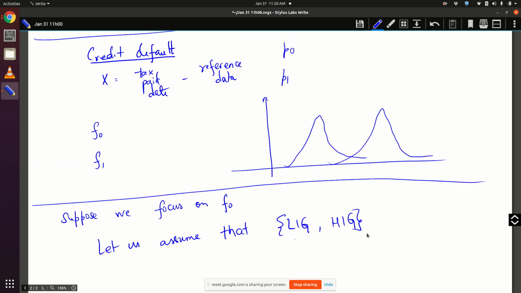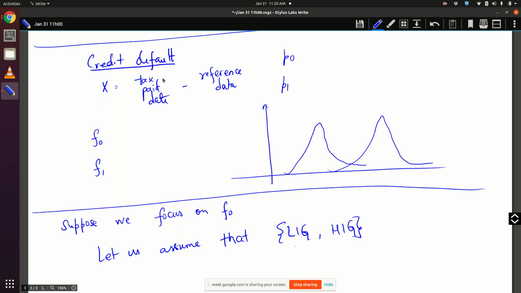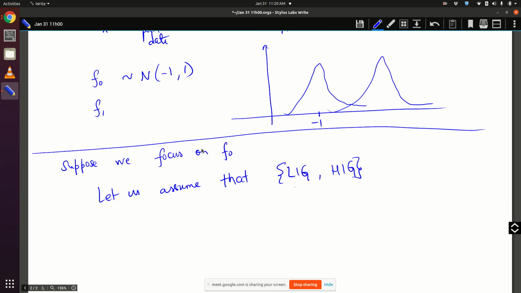So if you look at this particular feature, we assumed that this entire thing was normal with mean minus 1 and some variance 1, right? But consider the alternate way of thinking about this.